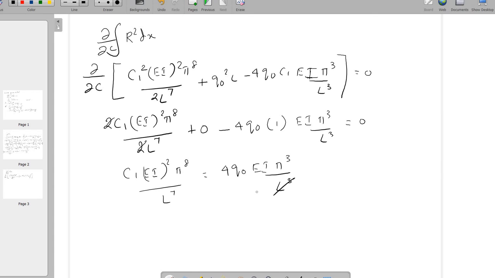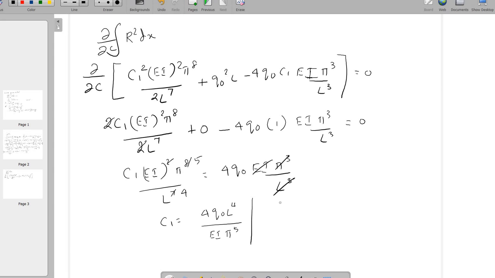So to simplify, it is L power 4, pi power 5, EI, and the square is cancelled. Now C1 is equal to 4 q naught L power 4 by EI pi power 5.